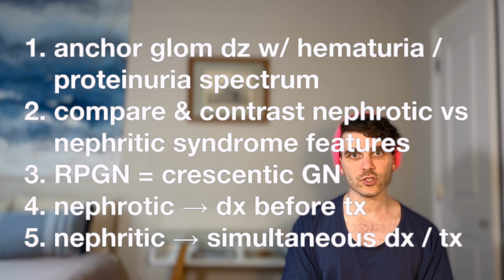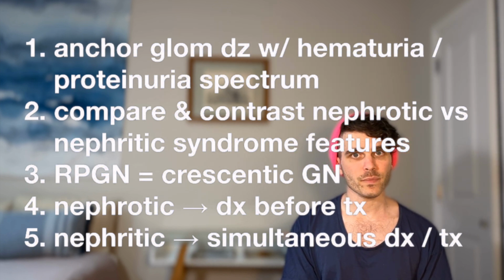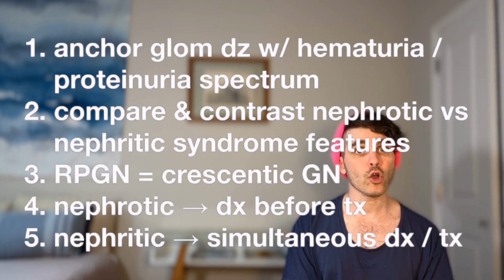And last but not least, we talked about the important treatment implication of nephrotic syndrome oftentimes giving you some time to get the diagnosis before you commit to treatment, whereas for nephritic syndrome, you often have to simultaneously empirically treat while you're gathering diagnostic data. Sweet!